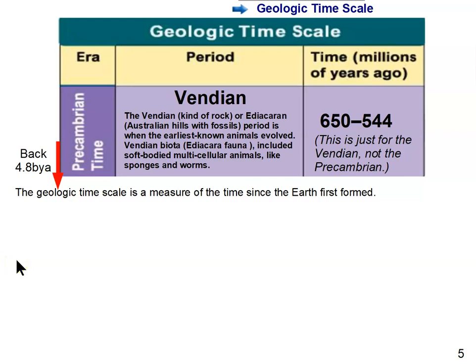And it's divided up, and it'd be very useful to you to remember the hierarchical setup of the geologic time scale. What we're seeing here are eras and periods, but eras divide up eons. So there's a geologic time period even greater than an era, known as an eon, and periods can be divided up into epochs.